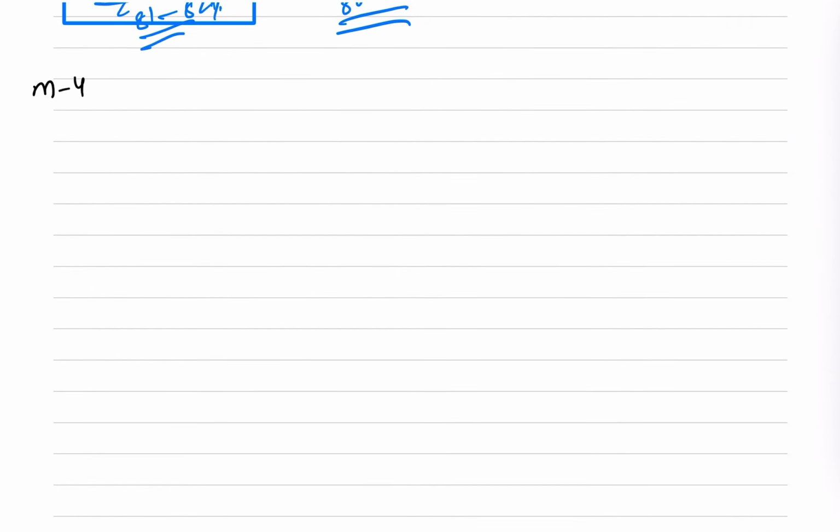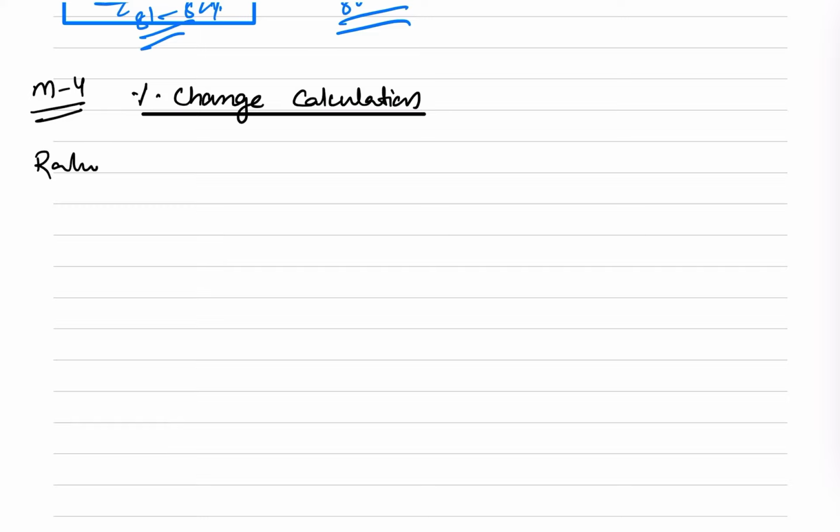Method 4. Percentage change calculation. In this method, what happens is you need to find the percentage change. So see, ratio is what, A is to B, right?